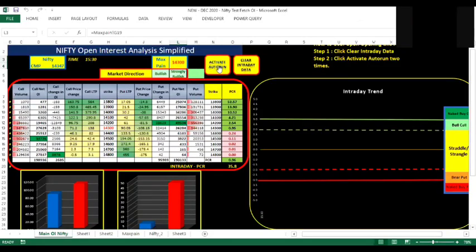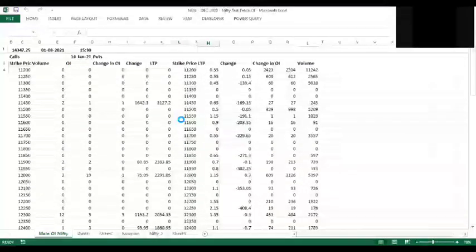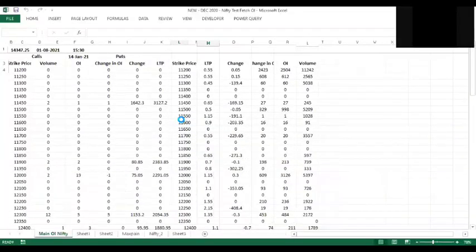And if you click it again, as the instruction says, click it twice. Once you click it the second time, it again goes back to the server and starts pulling the data. At some point of time, before the main screen comes back, a question will pop up. It will ask you what time interval you would like to keep, whether it is 5 minutes.